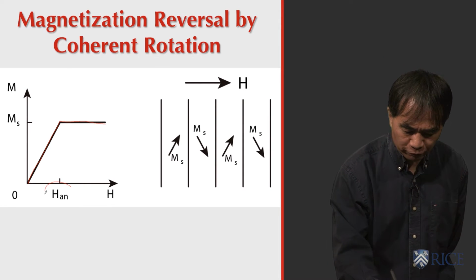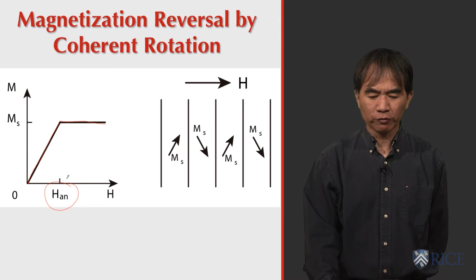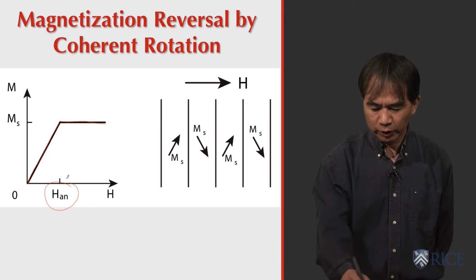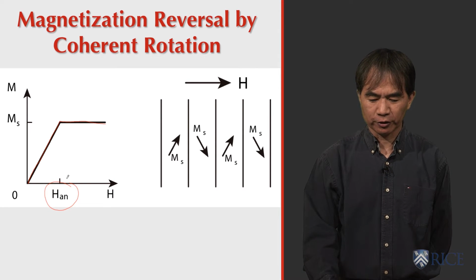This is the anisotropy field that's needed for the system to become totally magnetized. The typical picture is shown in this figure.